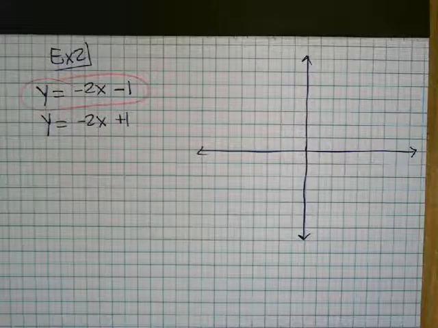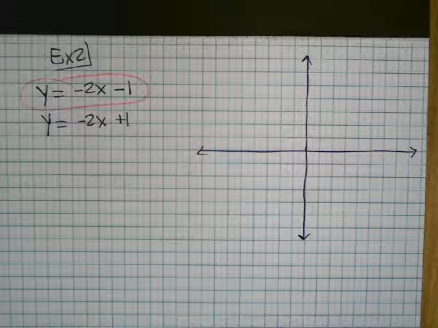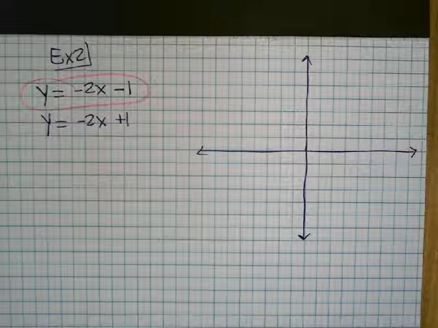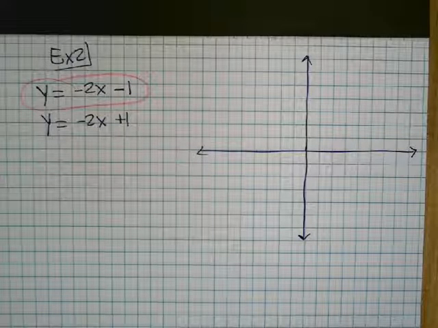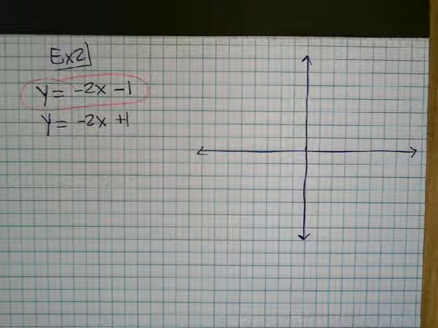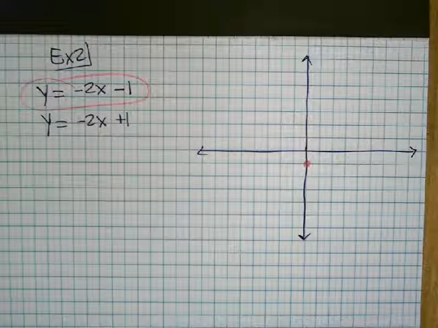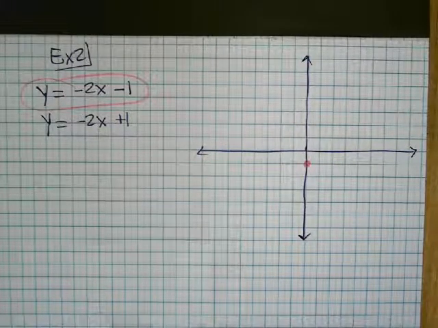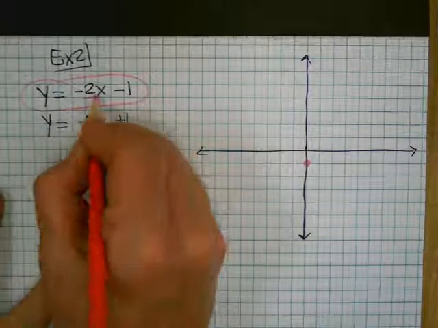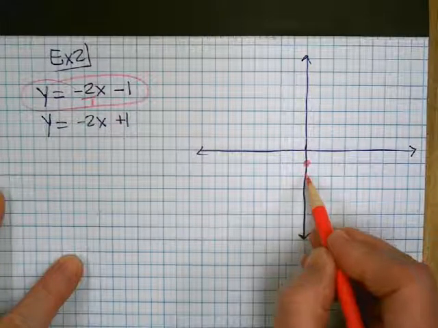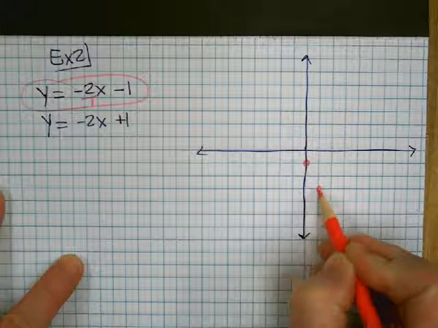Where do we start? Negative 1. Is everybody ready? Put a dot at negative 1. What is the slope? Negative 2 over 1. So go down 2 and over 1.